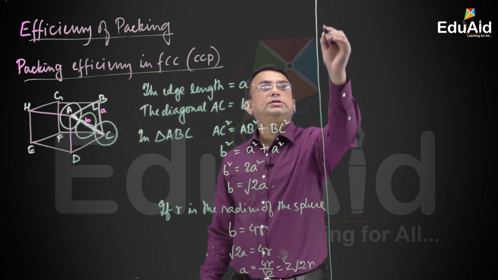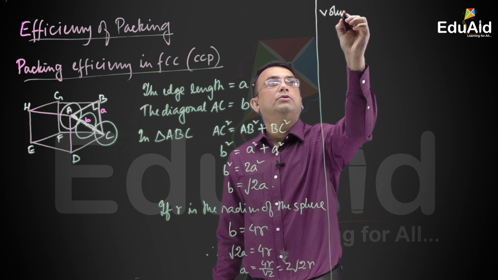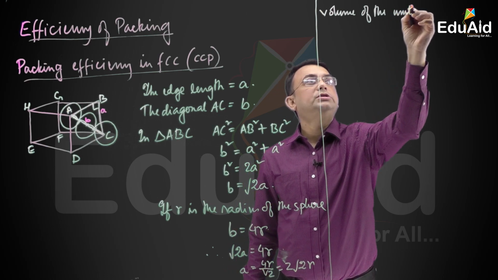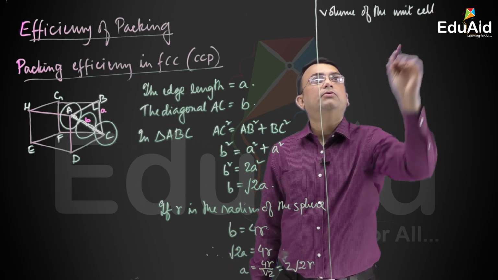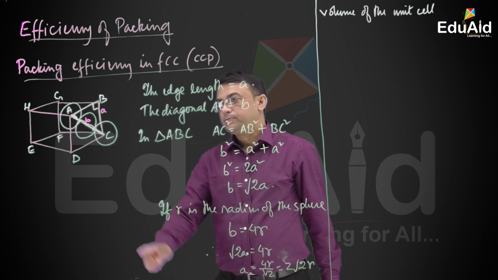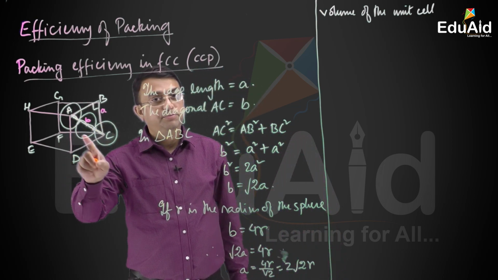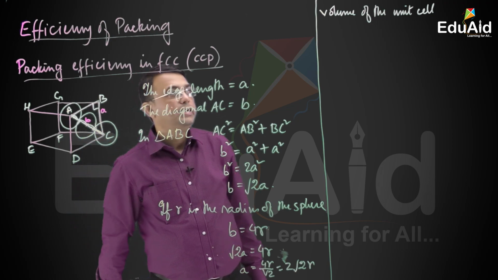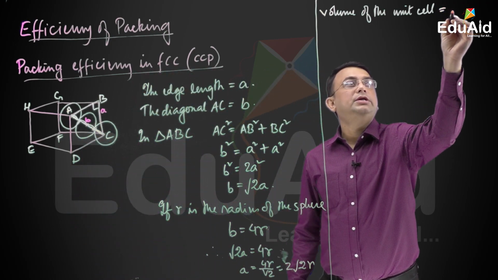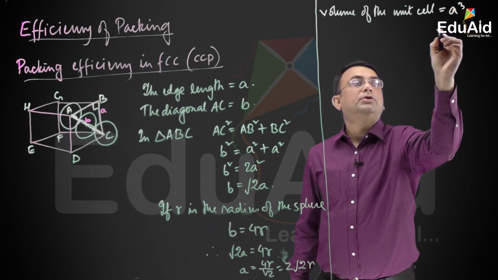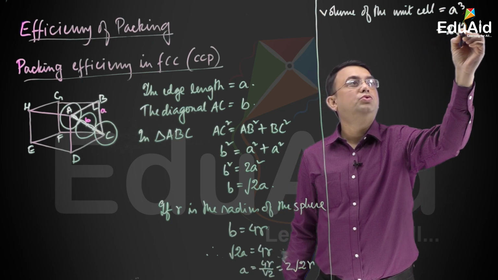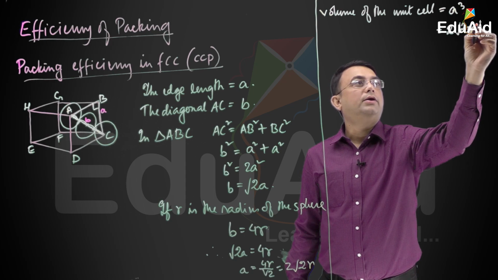এতিয়া আমি আহো, what is the volume of the unit cell? Volume is length into breadth into height. Now this unit cell is a cubic type, all the lengths are equal, so the volume of the unit cell is a cube. Now what is a? 2 root 2 r.